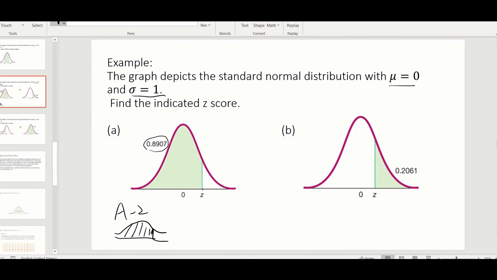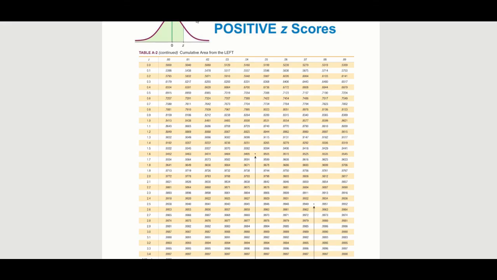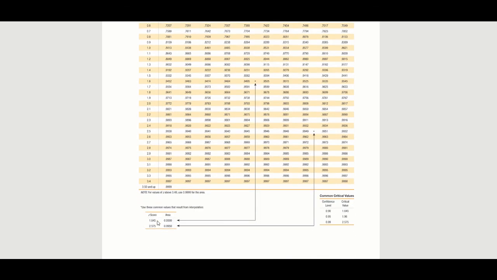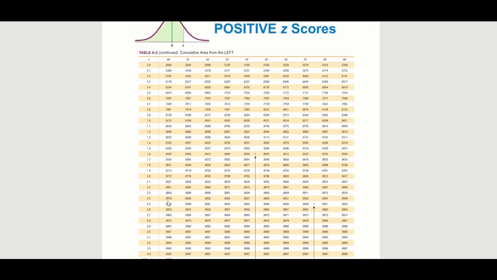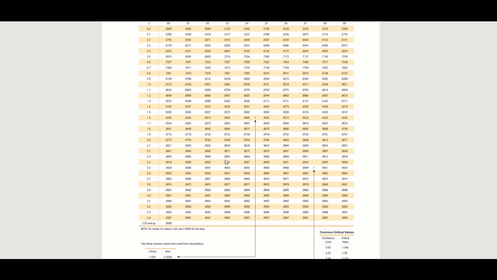So going to the table, the area we're looking for is 0.8907. So 8907, let's see. There it is.